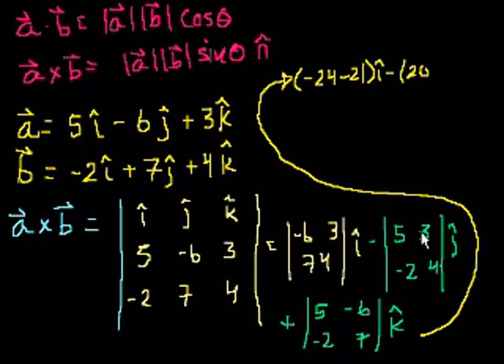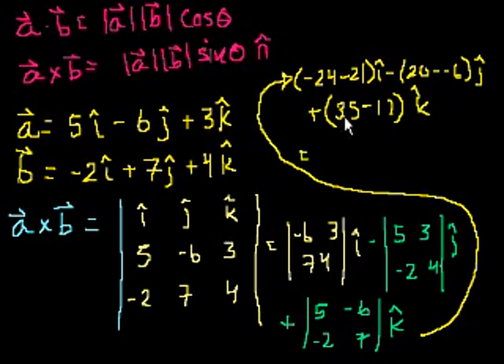minus 2 times 3, so minus 6 J. Plus 5 times 7, 35, minus 2 times minus 6, so minus positive 12, K. You could simplify this, which equals minus 24 minus 21, it is minus 35 I. I didn't have to put parentheses.